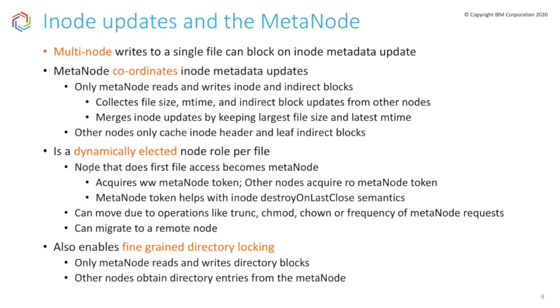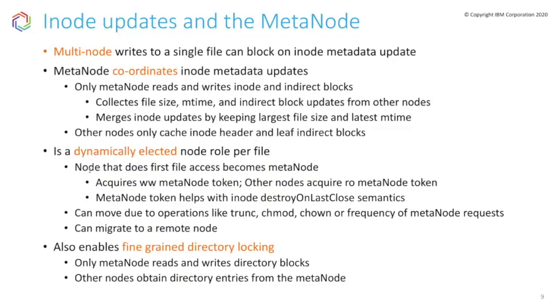So we can't have each node ping-ponging on the inode locks, that is taking the ownership of updating the inode, which is very inefficient. So we choose to create a coordinator as an authority who will make all the changes to the inode, and that is called the meta node.